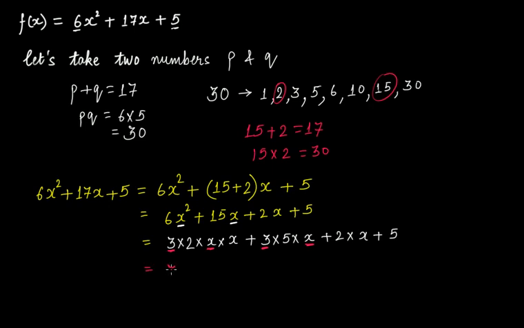Take out 3x common. So inside the bracket you'll have 2x plus 5, using the distributive property of multiplication over addition, and then plus 2x plus 5.